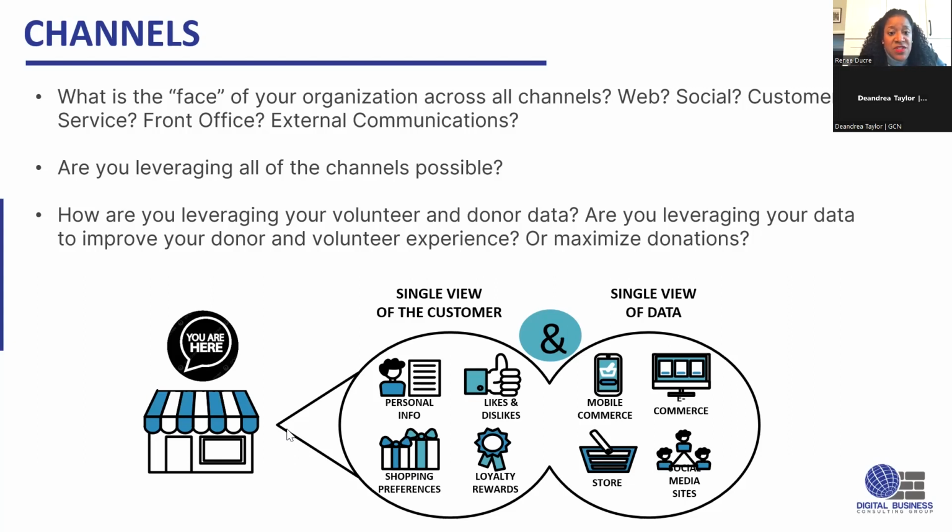And then how are you leveraging your volunteer and donor data? This is like the new science here. I use a real-time example from American Cancer Society. I hope we've solved it by now. But keeping donor data up to date, right? You have the unfortunate happenstance of someone's loved one passing, and the donor records are not up to date.